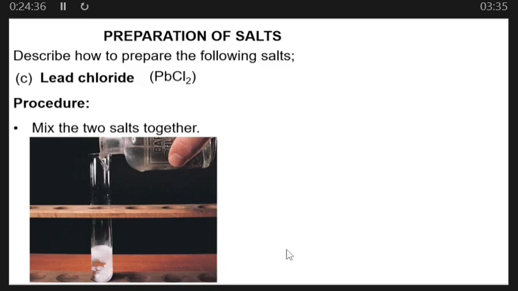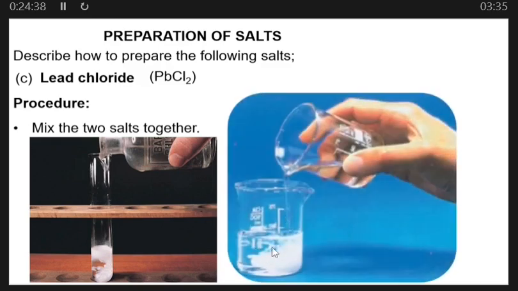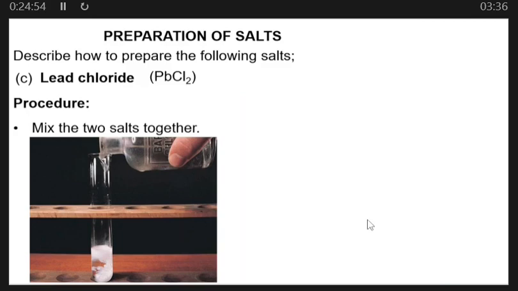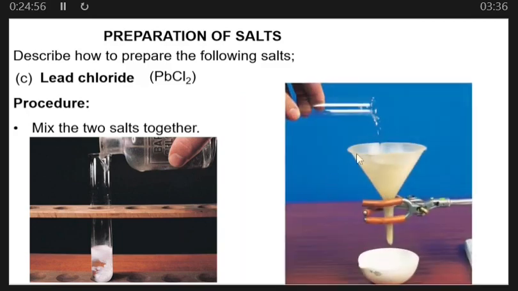Let's say the zinc chloride is colorless, and the lead nitrate also looks colorless. But the moment the two mix, that white precipitate will be seen, and that could be lead chloride. Then it must be filtered off, so that the colorless part will remain. It will go out, and the salt will be trapped on the filter paper. All right, so that's what happens.